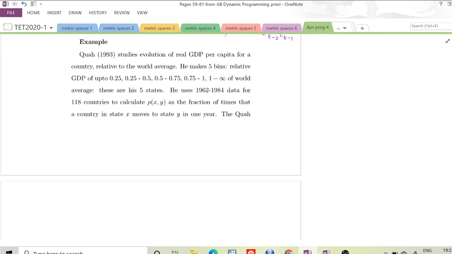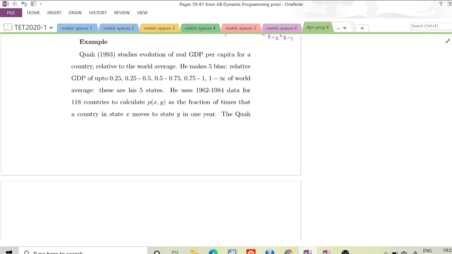However, because it doesn't, as you'll see, have much economic structure, in some sense, the study alone didn't go anywhere, in my opinion. Yeah, so this is a study by Quah. It studies the cross-section of real GDP per capita across 118 countries.